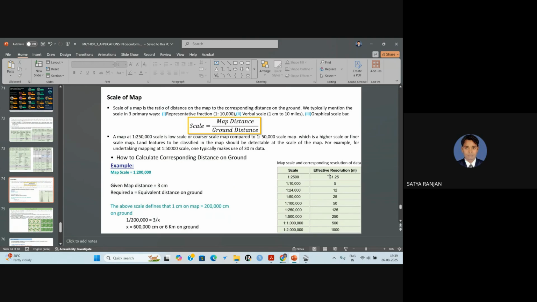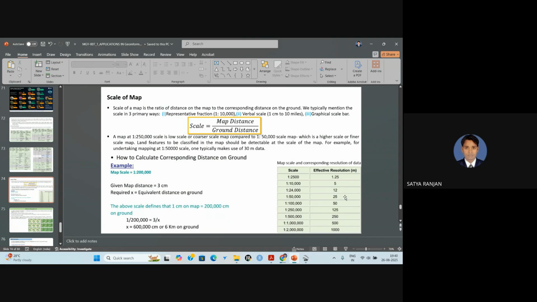So different resolutions are there. For 1 is to 2500, 1.25 resolution data is required. For mapping of 1 is to 10,000 scales, we need 5 meter spatial resolution data, and for 1 is to 50,000 scale mapping, at least we need 25 meter spatial resolution data.